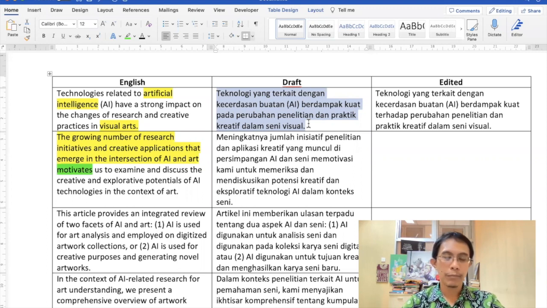All right, let me now repeat once again the stages that we have to go through in editing our friend's translation. The first one, read the entire section that you will be translating. It would be even better if you read the entire article. Second one, identify the terminology or technical terms that you can find in that article.